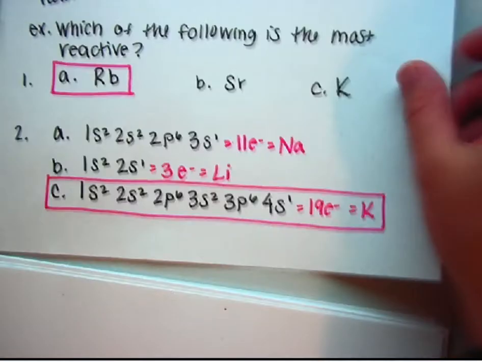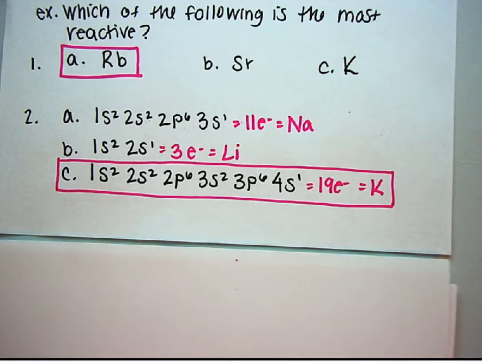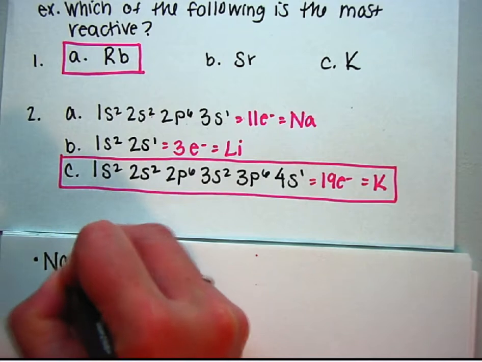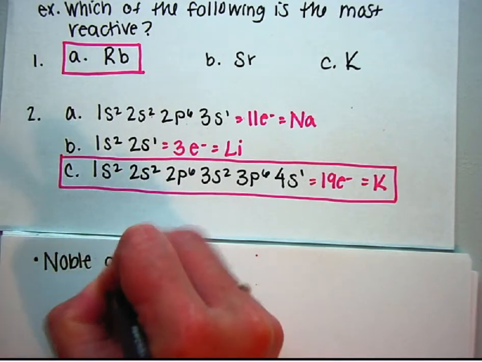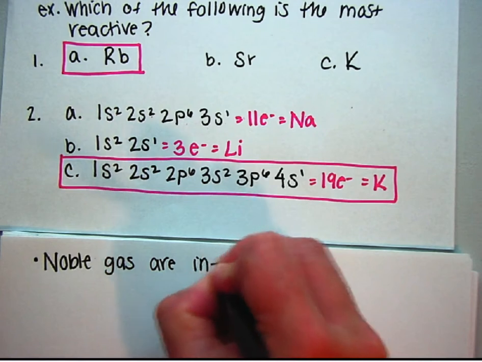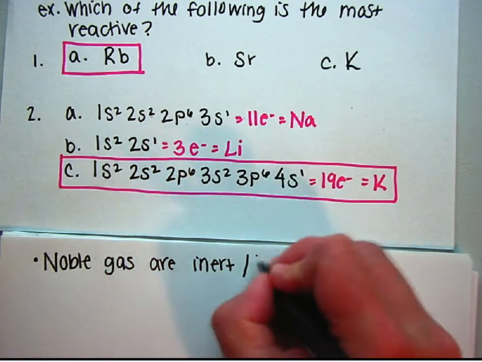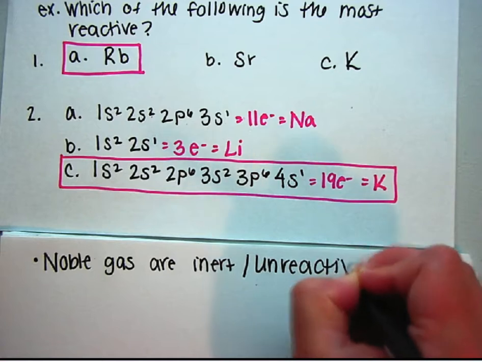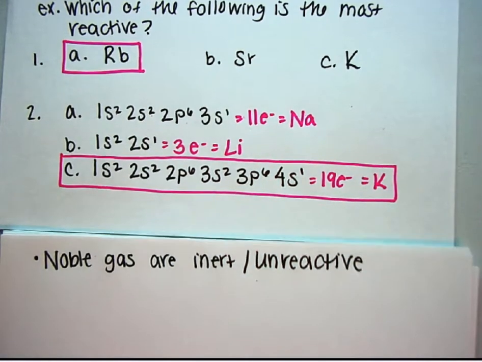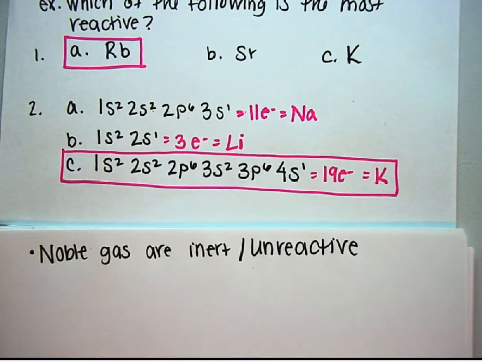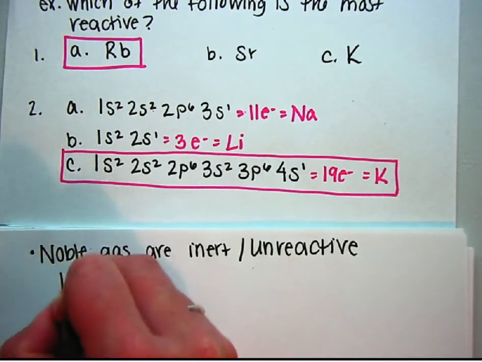Last thing to talk about. We're going to talk about those noble gases again. Noble gases are inert or unreactive. So we saw the reactivity increase down and to the left. When we're talking about noble gases, they are never reactive.